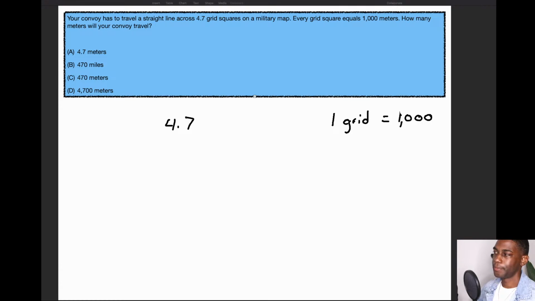So what will we do next? We would take this 1,000 meters because we want to know how many meters your convoy will travel. If one grid square equals 1,000 meters and we have 4.7 grid squares, we would take that 1,000 meters and multiply by 4.7. Multiplication would be the function.